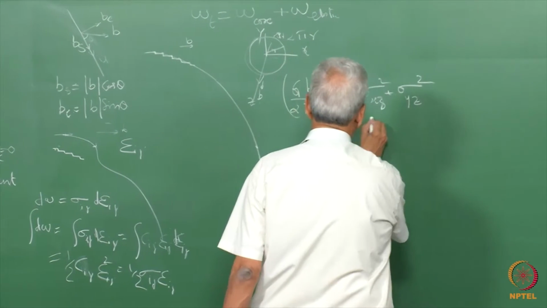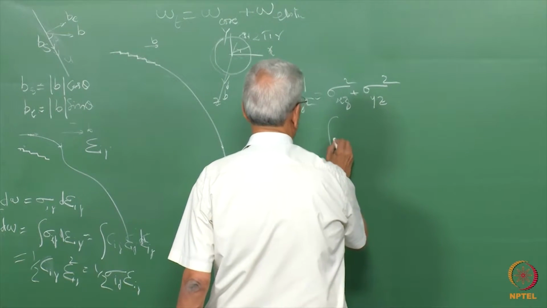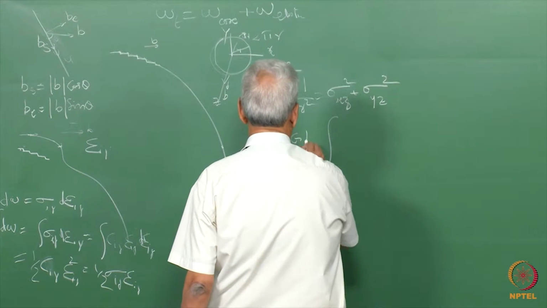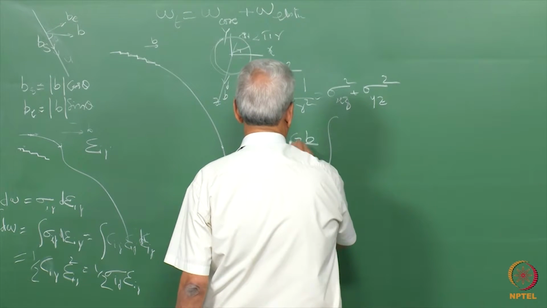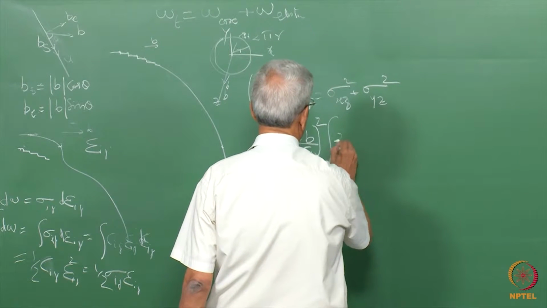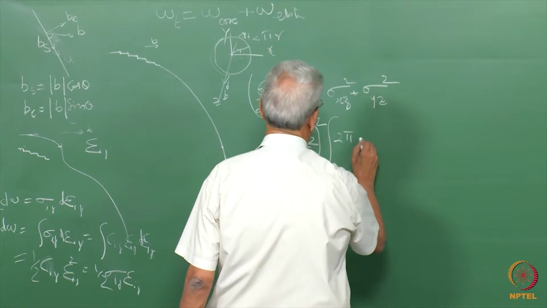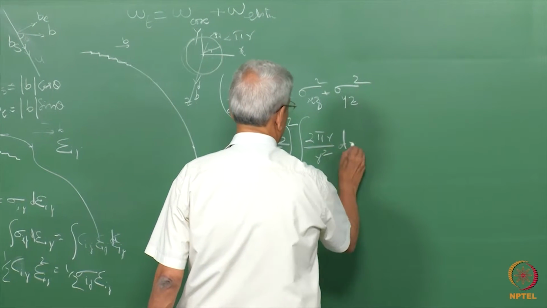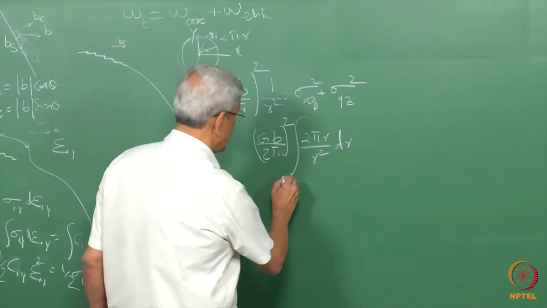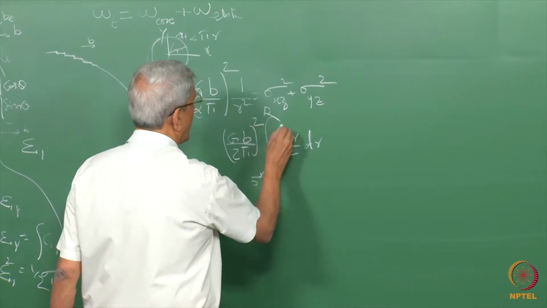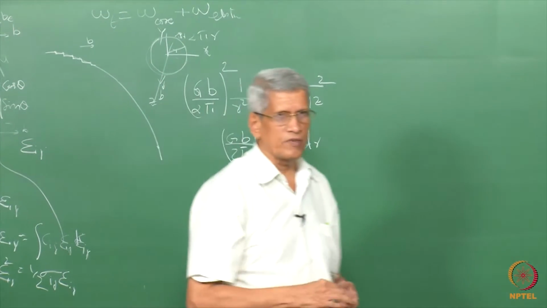Then we can integrate this into dr, and the integral is from rho b to R, which is the outermost radius of the sample.